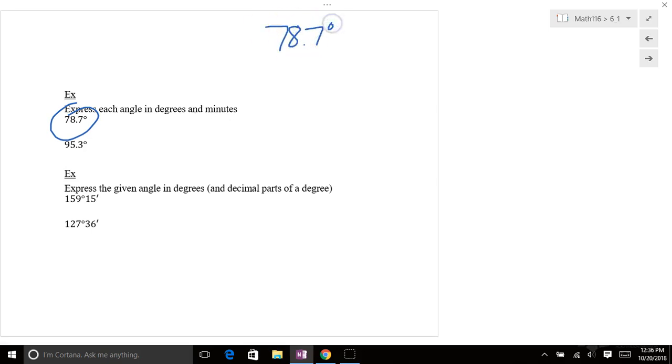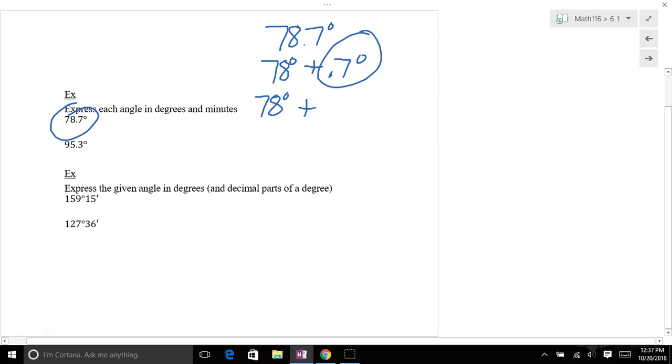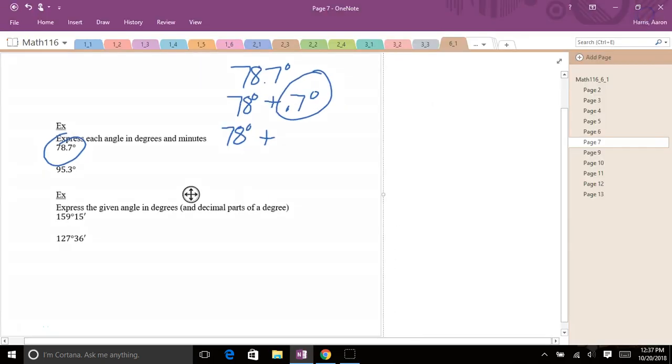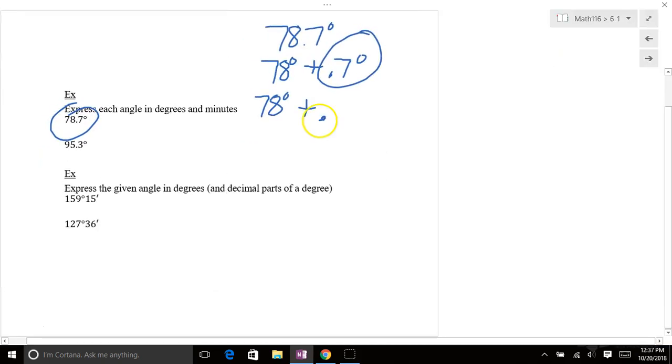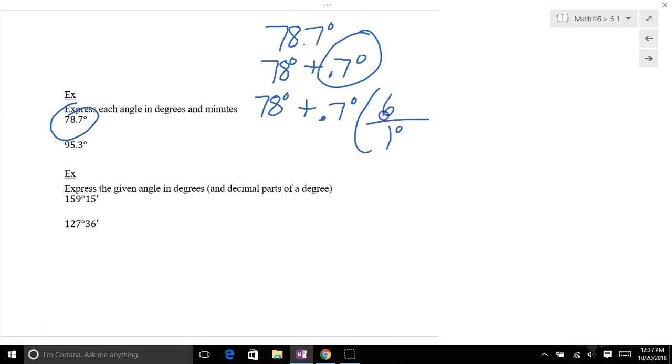78.7 degrees. So the 78 degrees is fine. You're still adding in 0.7 degrees. This is the one you've got to take care of, that 0.7 degrees. So you just make a conversion. You say, well, I have 0.7 degrees, and for every degree there's 60 minutes.